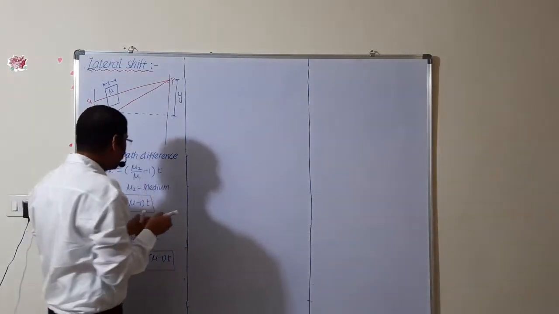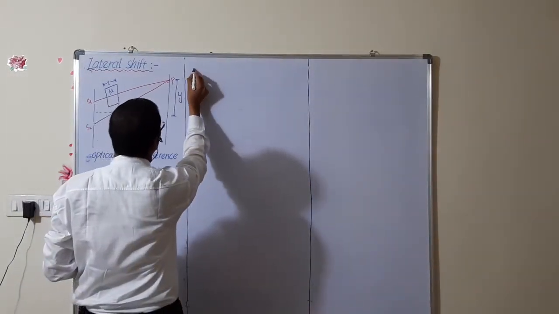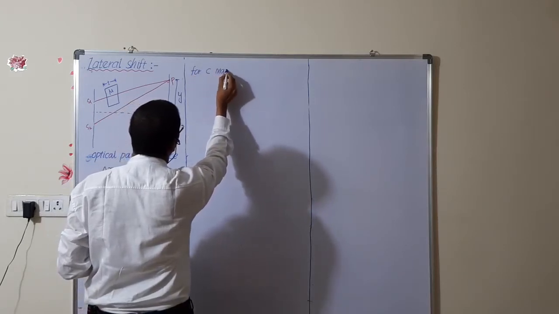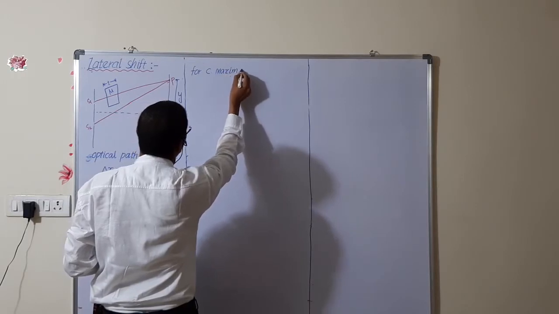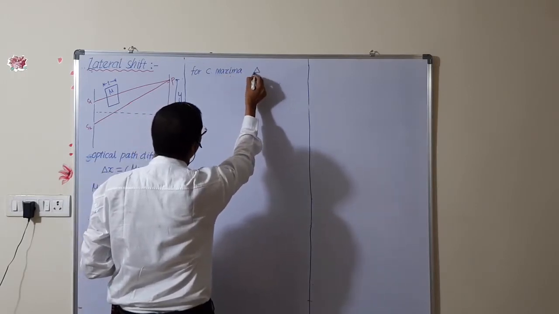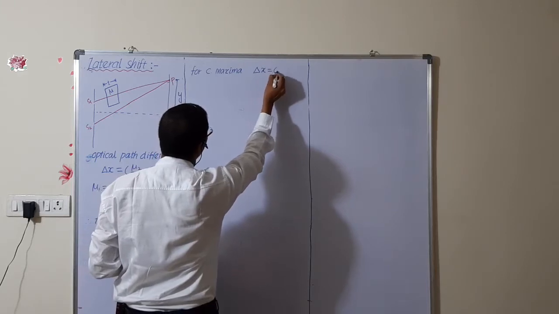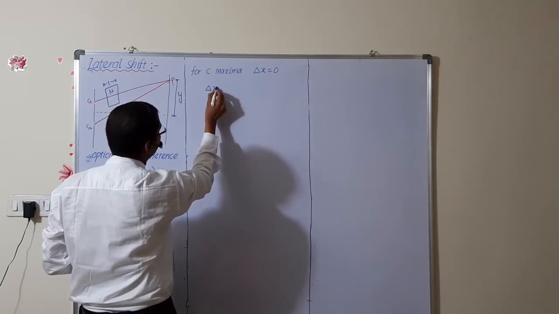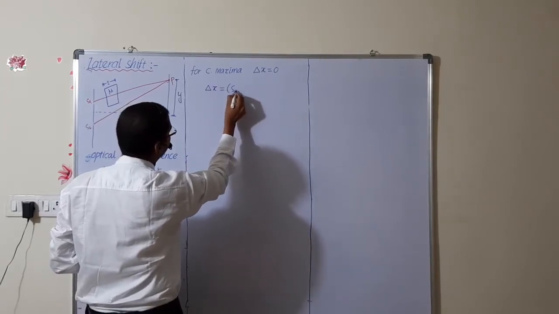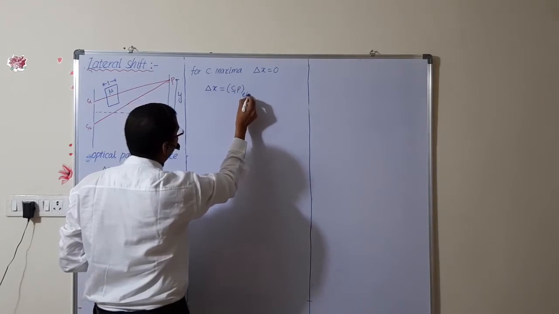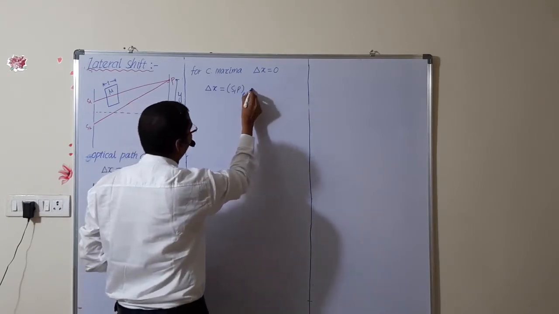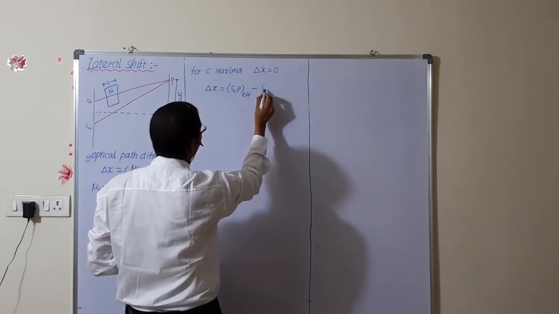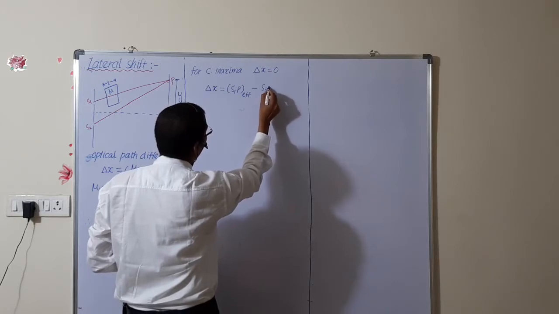Now take the condition for central maxima. For central maxima, delta X is equal to 0. The path difference delta X is equal to S1P effective minus S2P.